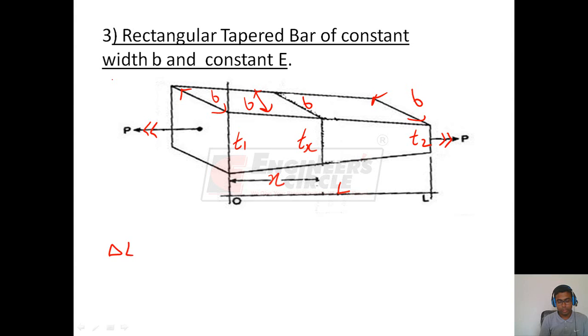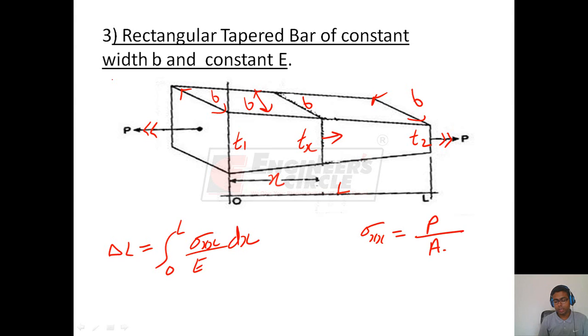The formula for elongation under axial load is integration 0 to L sigma xx by E into dx. Now the stress on any cross section at distance x is given by sigma xx is equal to load, which will be P, divided by area at any location x.